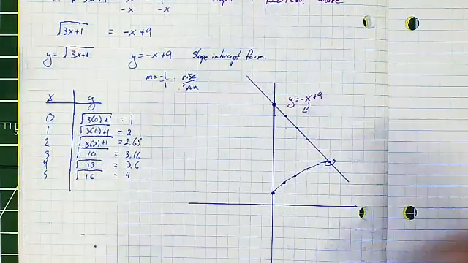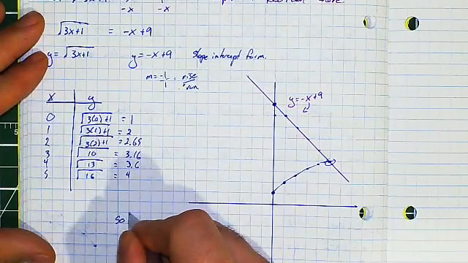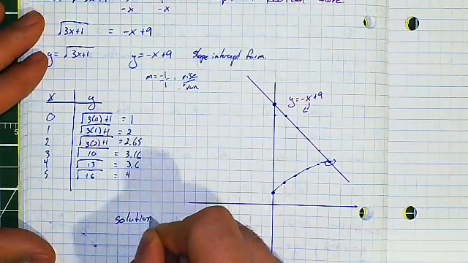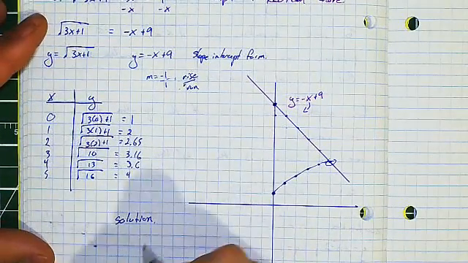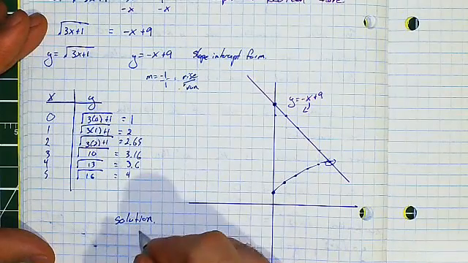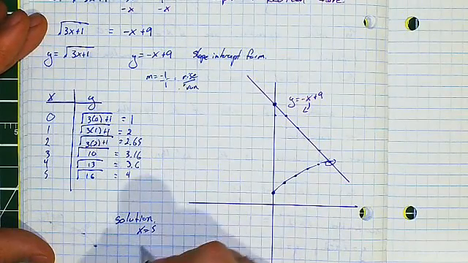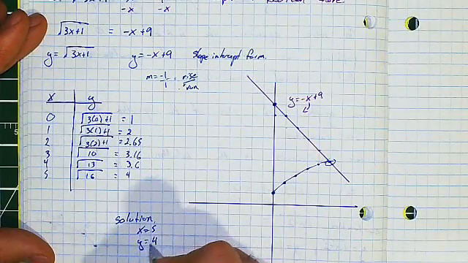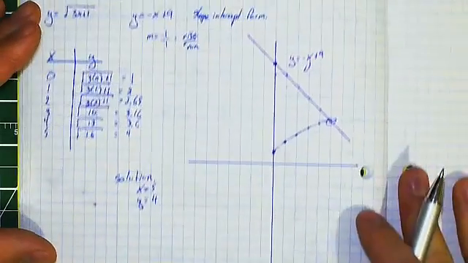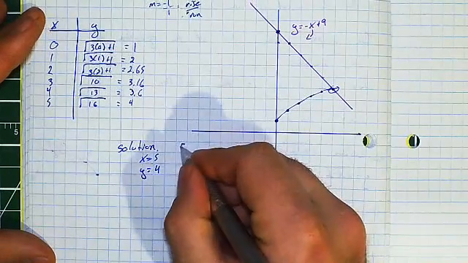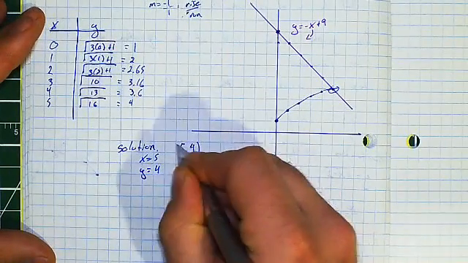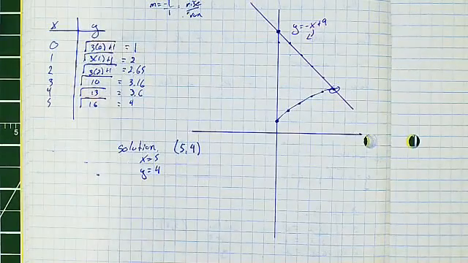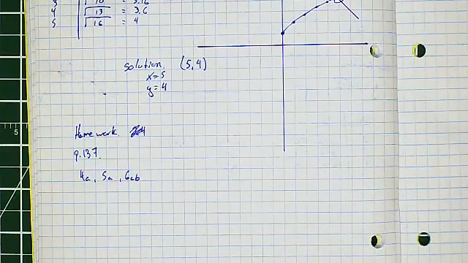You could keep going if you wanted to, but once we know where they cross, that is our solution. So our solution is basically going to be when x is 5 and our y is 4. And again, it's good to always have this as a coordinate. So we're going to have (5, 4) as our solution.